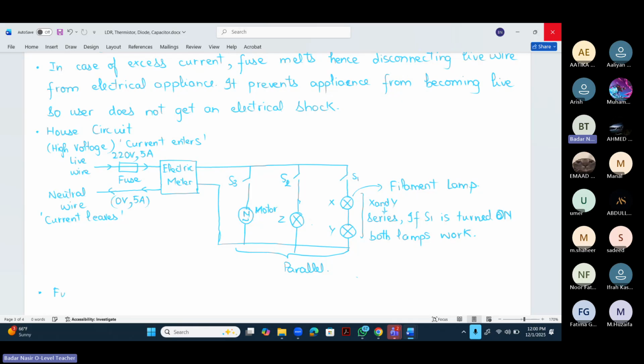The fuse rating is higher than normal current in circuit. अच्छा, अब बेटा कितना हाई होना चाहिए?